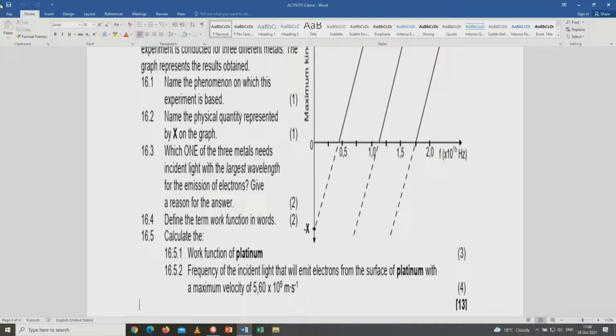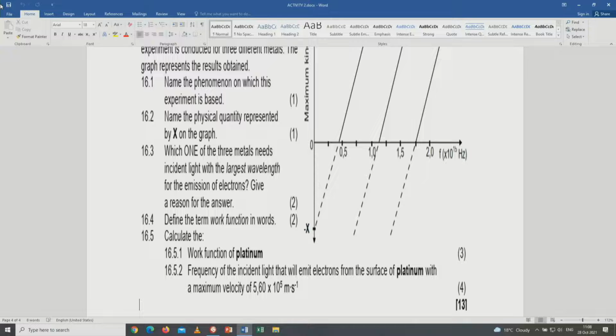Then 16.3, we are asked which one of the three metals needs incident light with the largest wavelength for the emission of the electrons. We know that if you have a higher frequency, then your wavelength will be low.